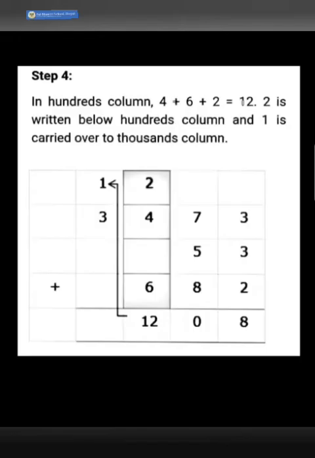Now let's add the numbers given in the hundreds column. This is the hundreds column. Here, as you can see from the tens column, we have kept 0 here and 2 was carried over to the next hundreds column.